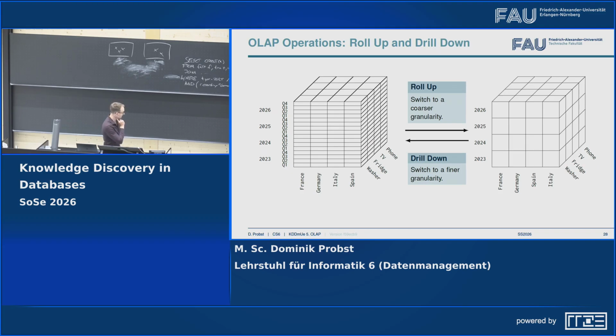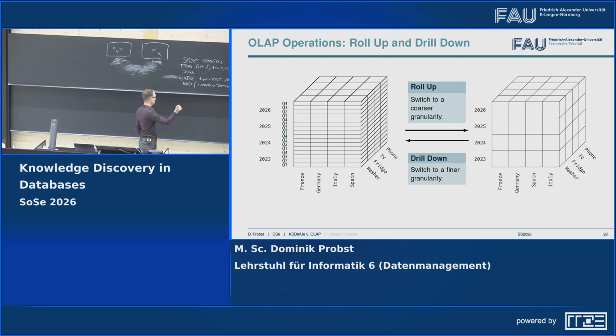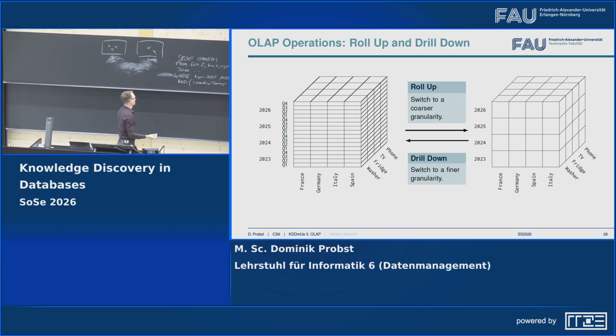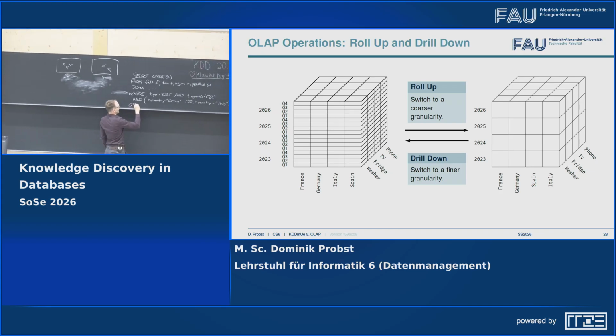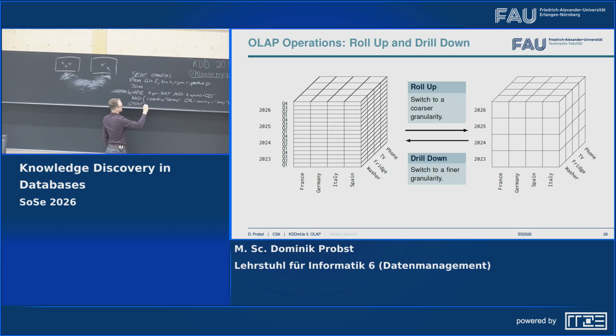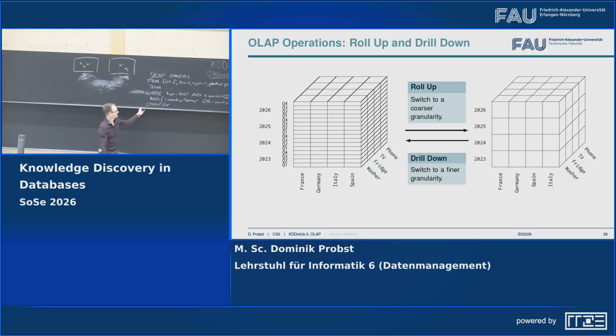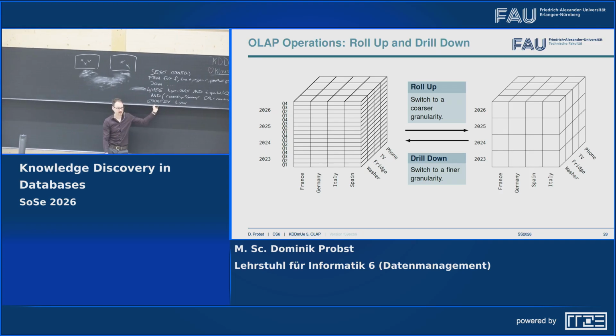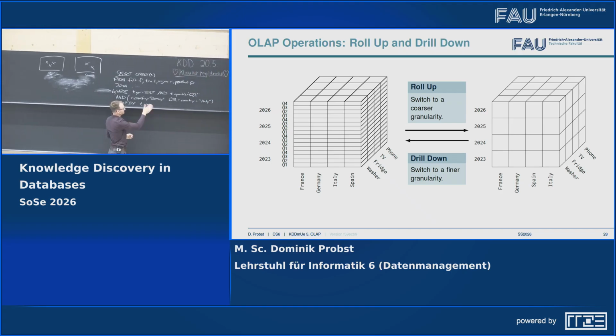How can we do that in a SQL query? Well, we can always group by. If we would group by, for example, the time point here in first place, and then we would say, well, that's not fine enough.